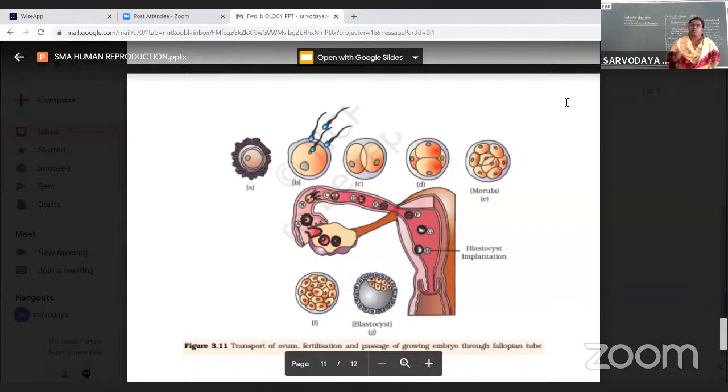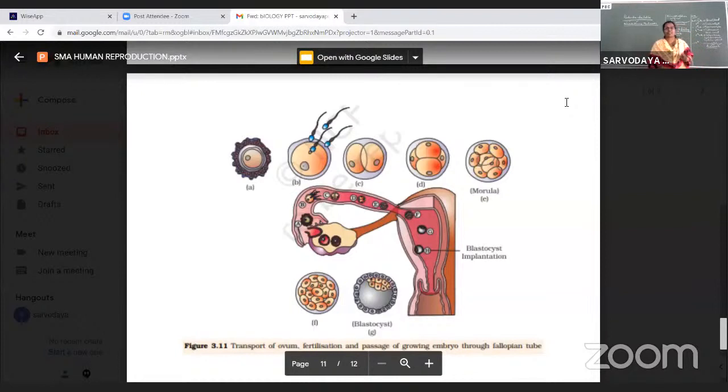In this, the initiation of parturition is going to be, okay, the signals are going to be originating from the fully developed embryo. Please remember, by the end of the 9th month, the fetus is completely developed. So the completely developed fetus is going to send a signal to the brain.